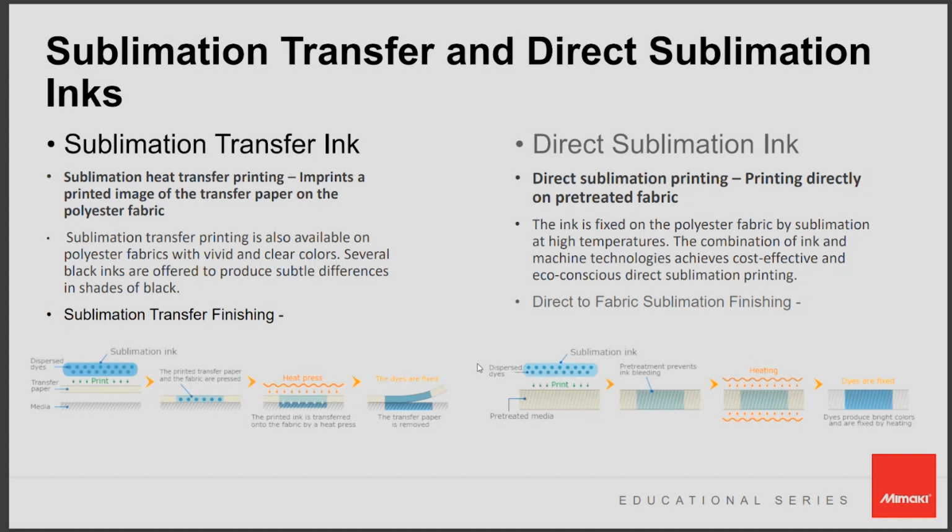With direct sublimation, you're printing directly to the fabric that you want to sublimate. Both methods work. It's just a matter of different types of inks and different fixation processes.